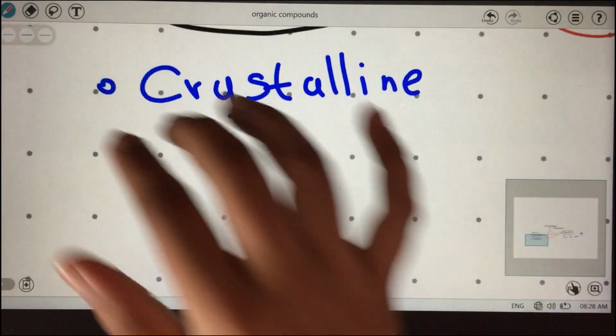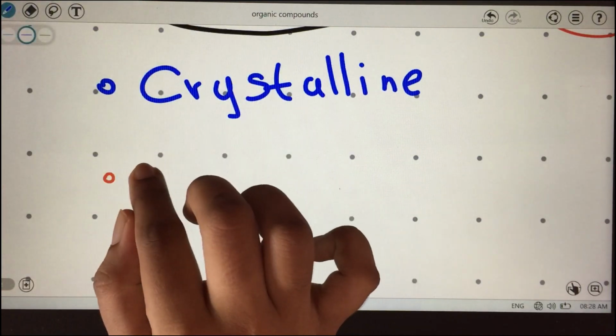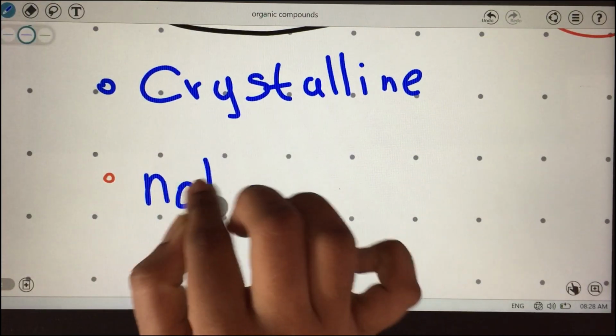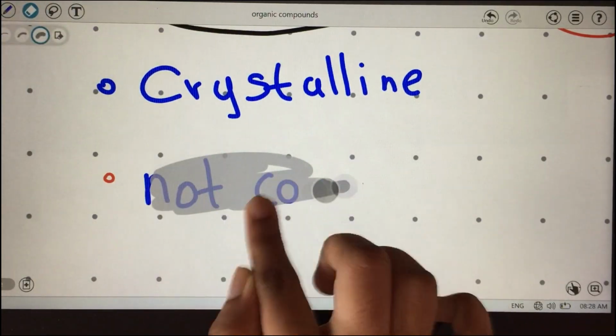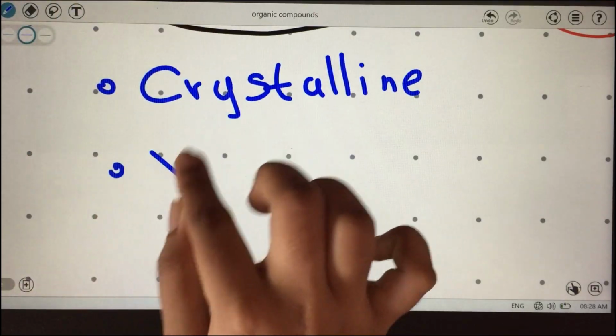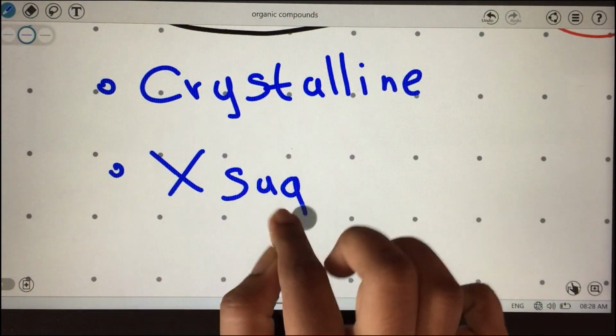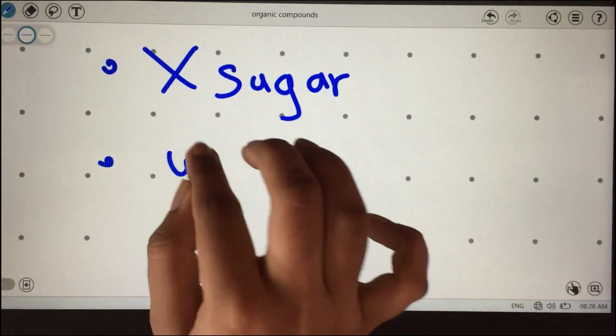So the second feature we can say it's not considered as sugar. You don't have to write the whole thing. This is a mind map, you don't have to write everything in sentences. Just write cross sugar, not considered as a sugar. And the third point is that it's water insoluble.